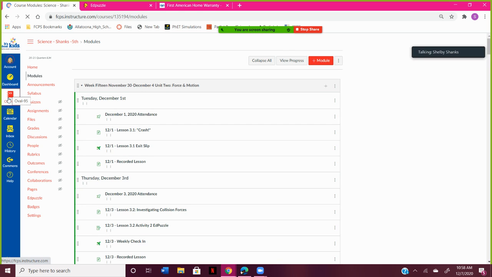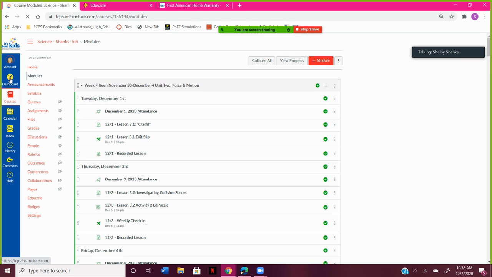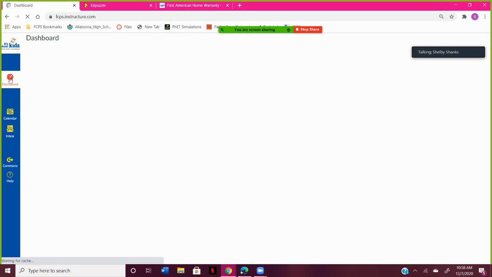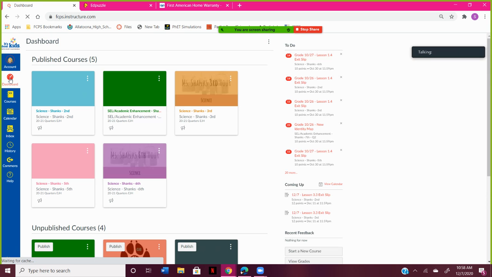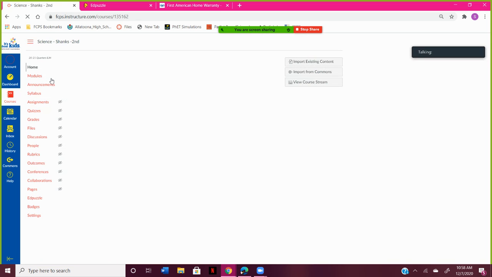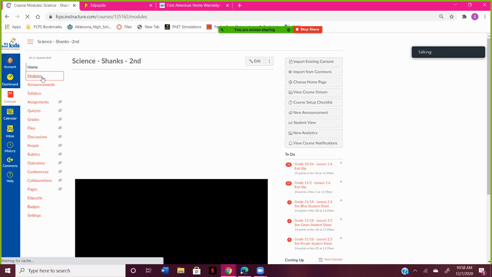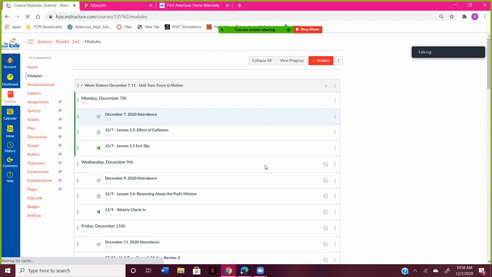So once you guys get finished with that, you can start on the homework and then move on to the exit slip in Canvas. Right, so lesson 3.3, exit slip. Let's make sure that we get those done.